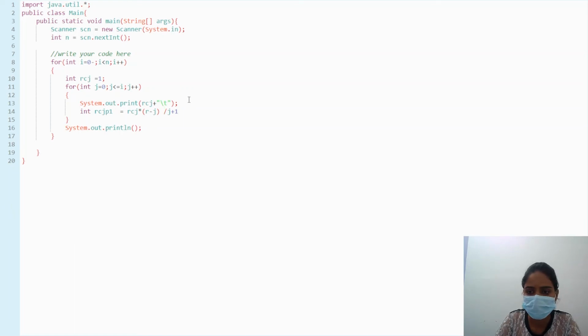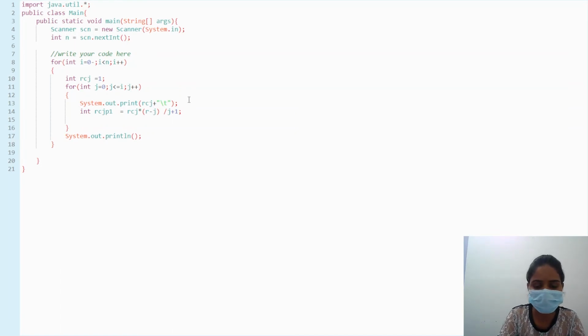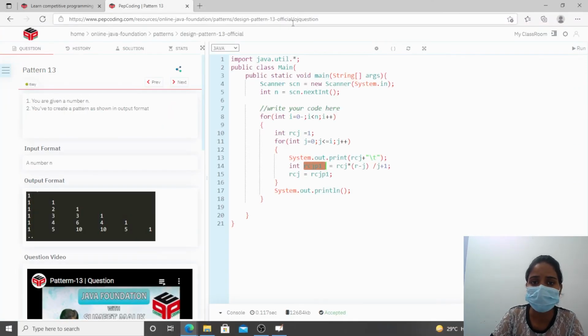Is it clear? Now we are printing RCJ, so I have to assign this RCJ plus 1 value to the RCJ. Then RCJ becomes RCJ plus 1, because we are printing our RCJ and calculating the next one. So I have to assign this value to RCJ. Therefore, the value gets printed.